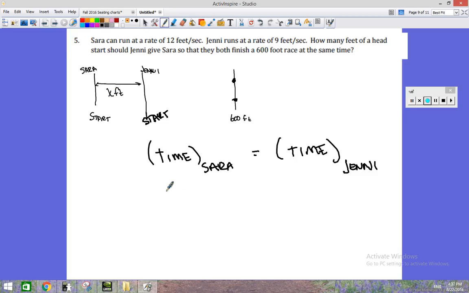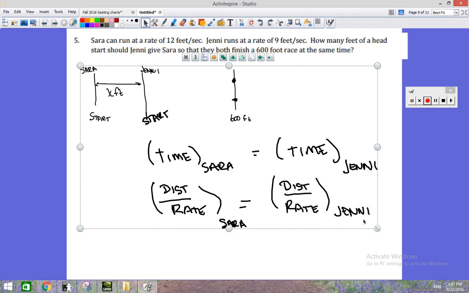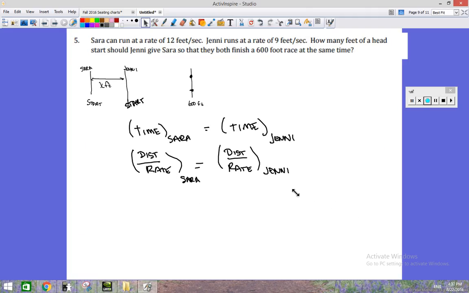So we want to know how much of a head start Jenny gets. We know that time is distance divided by rate, for each lady. So here for Sarah, here for Jenny. Well, if it's a 600-foot race, Sarah, being the faster, ran the whole 600 feet.